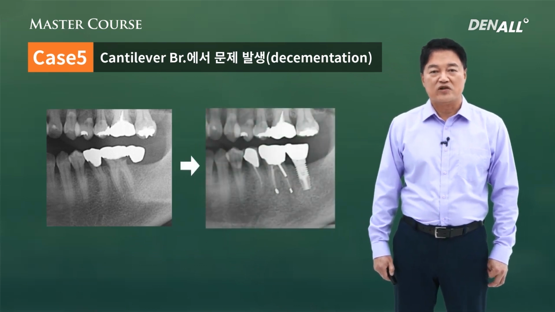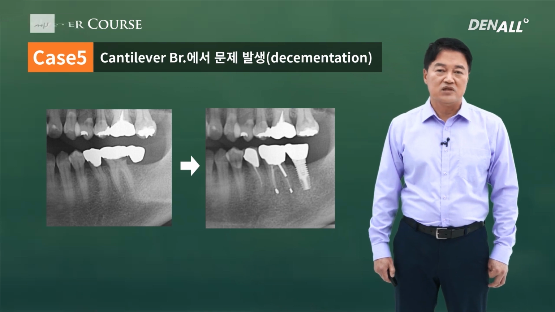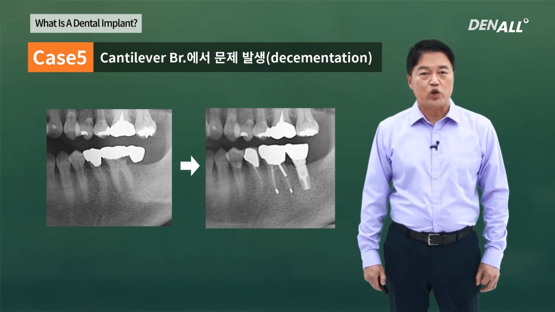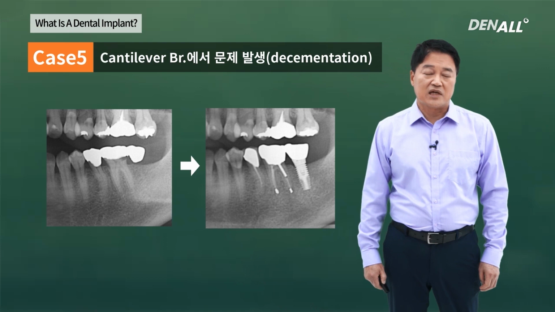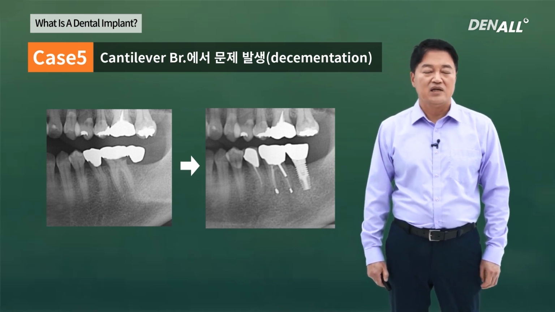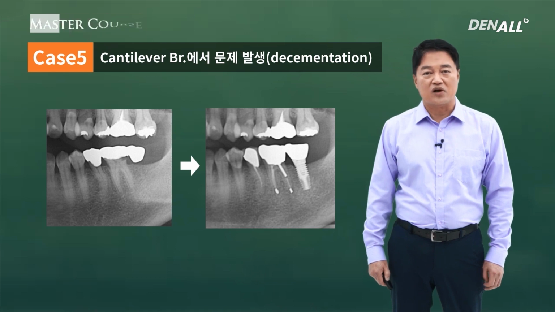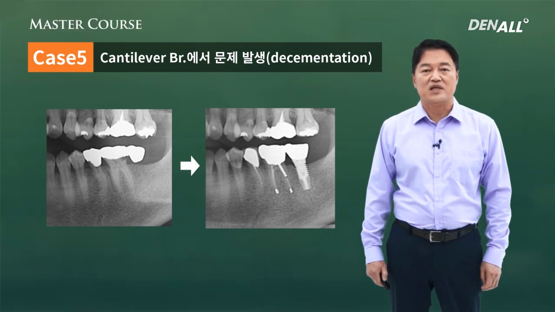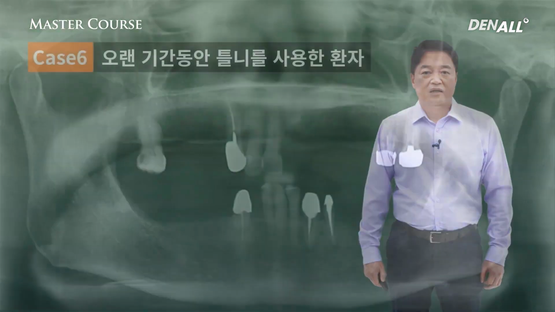Retreatment was required. The tooth in the front, I did endo treatment. Crowns were placed on the 2 teeth and in the missing area, implant was placed. This is the same for the patient. If implant treatment was done ahead, the 2 teeth in the front would have been maintained as natural teeth.